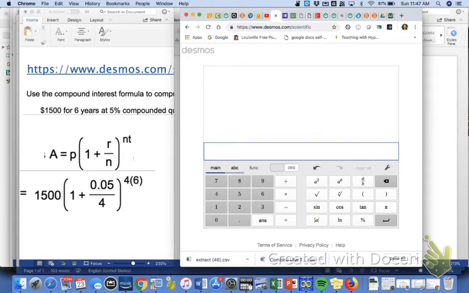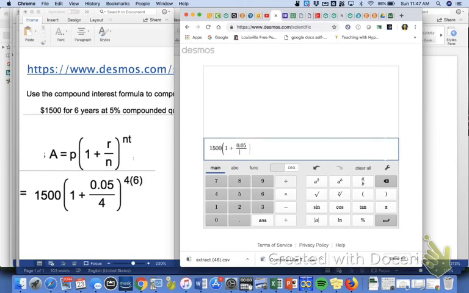So I'm going to walk you through just one more time where I got all those buttons from, because I know it's kind of a pain. Sometimes the numbers don't show up. It's kind of harder to see. So I'm literally just typing, because you don't see my cursor. So 1,500. I opened the parentheses. So I hit parenthesis. And then 1 plus 0.05.